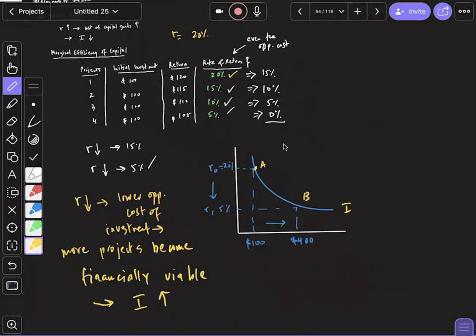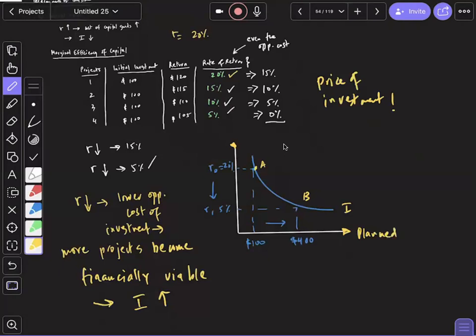So we say this, that interest rate is kind of like the price of investment. Make sense? And this becomes like a plan investment demand curve.